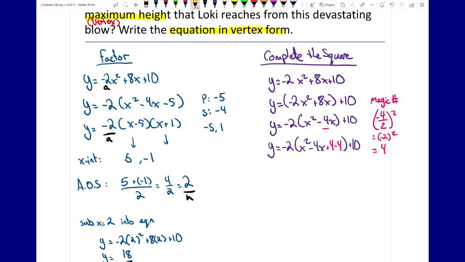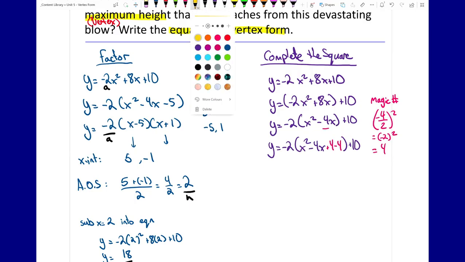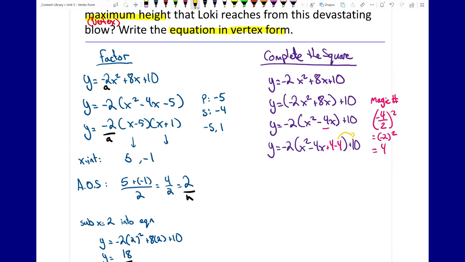plus 10. This minus 4 I have to move to the outside of the bracket, but I have to reapply that factor at the front, so I need to multiply by -2. I end up with y is equal to -2 times (x squared minus 4x plus 4) plus 10 plus 8, because -4 times -2 is +8.